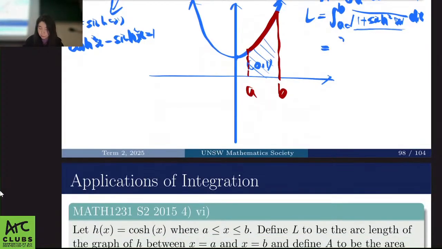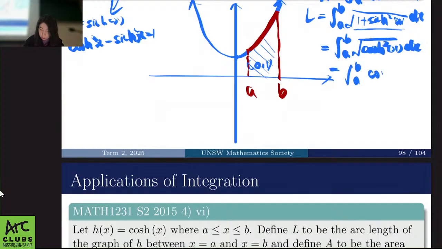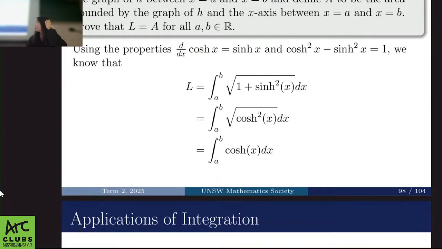So this is the integral from a to b of the square root of cosh squared x dx, and we can just get rid of the square root. So this is the integral from a to b of cosh x dx. Notice that these expressions are identical, and this is why we can prove that L is always equal to A. So here is the proof.